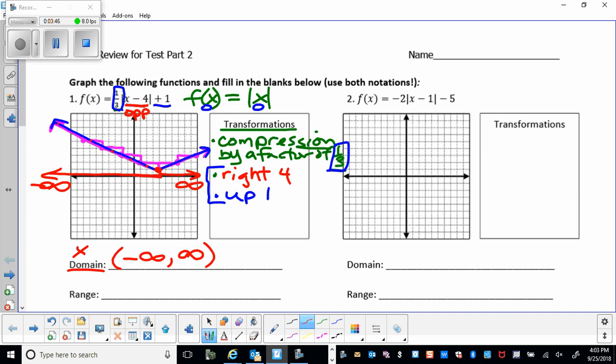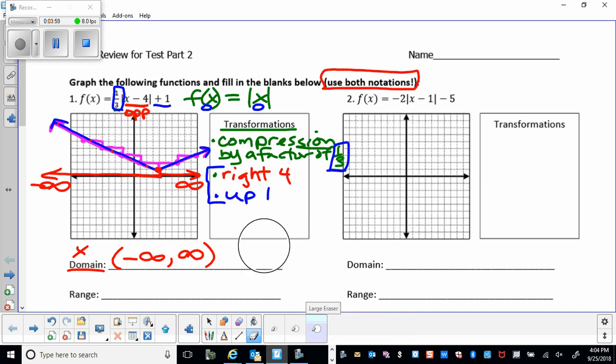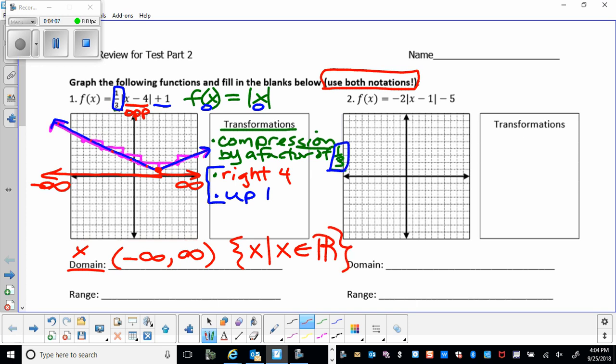All right, and now it says use both notations here. So that would be all real numbers for set notation. I could write it like this. That shows me it's a set, and x is an element of all the real numbers.